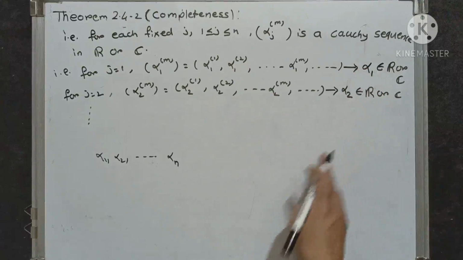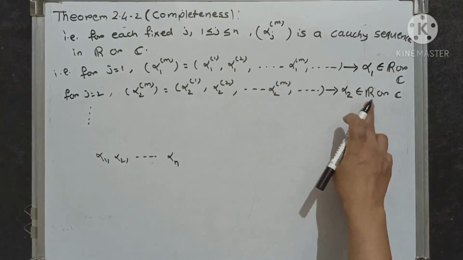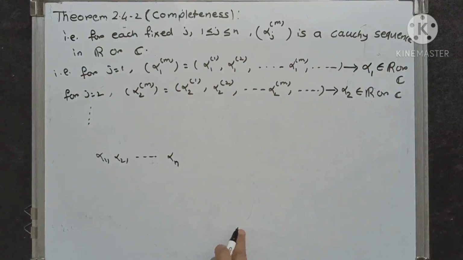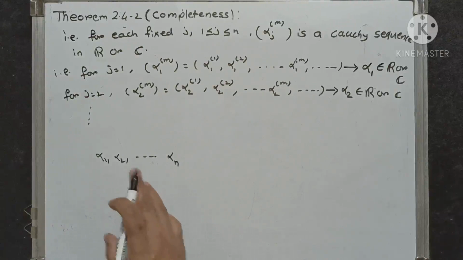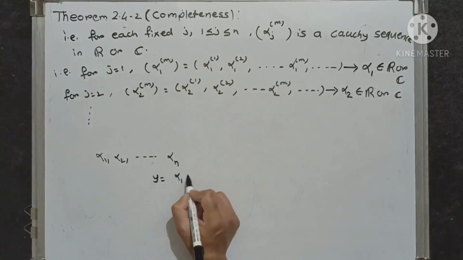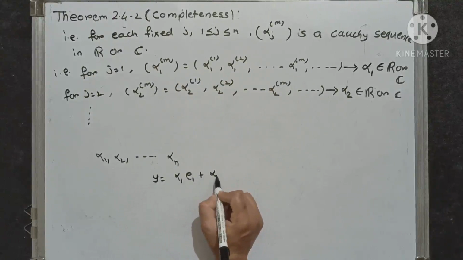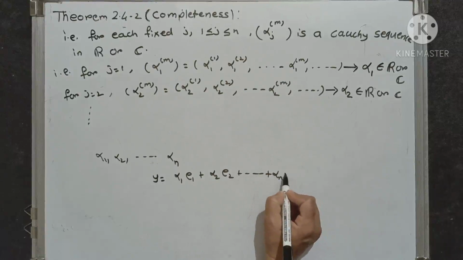These elements all belong to R or C, and therefore alpha 1, alpha 2, up to alpha n are the limits of the Cauchy sequences alpha 1m, alpha 2m, and so on. Collecting all these limits, we write y equals alpha 1 e1 plus alpha 2 e2 and so on plus alpha n en.